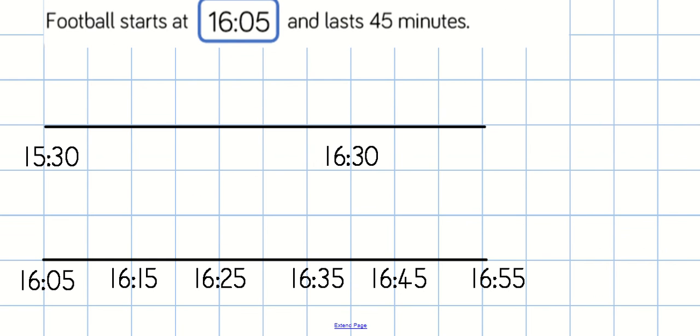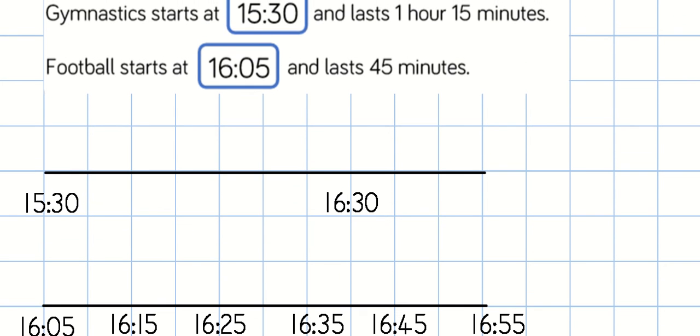Let's go through it now and see if you've got the right answer. So the first one starts at 3:30 and it lasts for 1 hour and 15 minutes. So the first jump we should have made was forward 1 hour, which takes us from, let's redo that because that's a bit messy, 3:30 to 4:30.